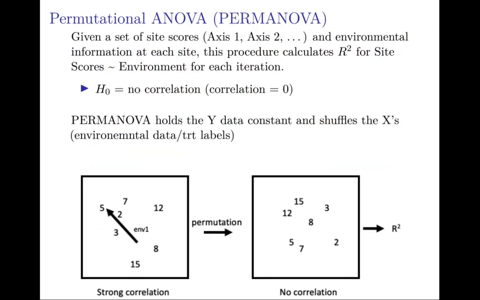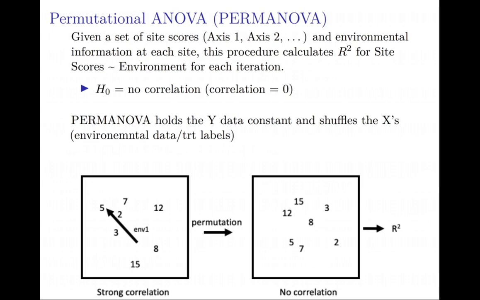Permutational ANOVA, or a PERMANOVA, allows you to basically run statistics on whether certain environmental or certain X variables are significantly predicting a matrix of Y variables, right? A community score.